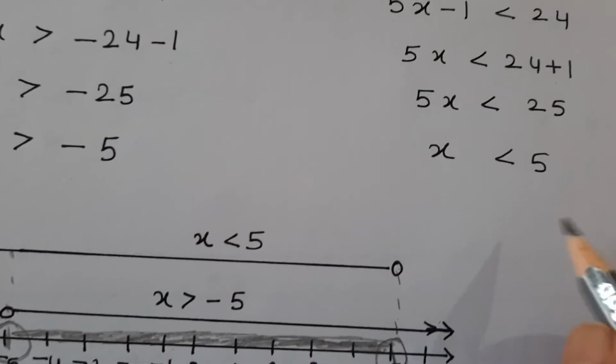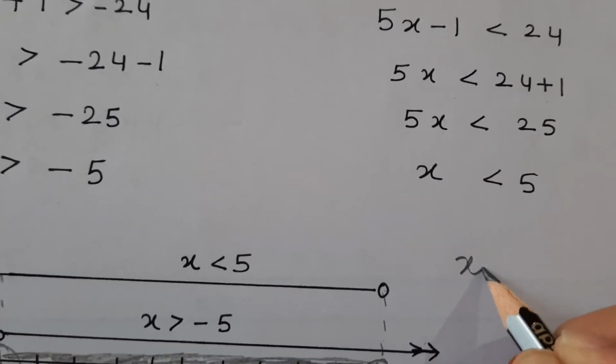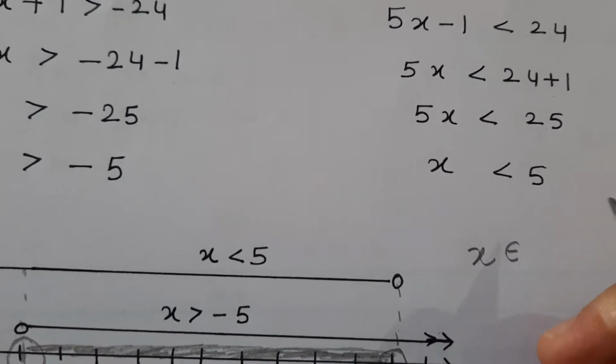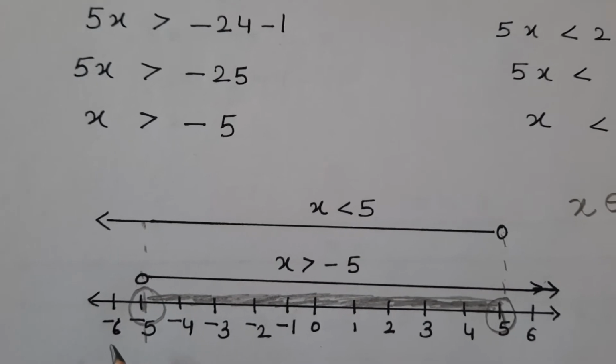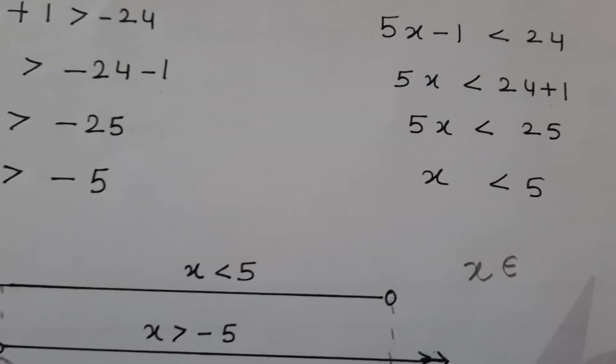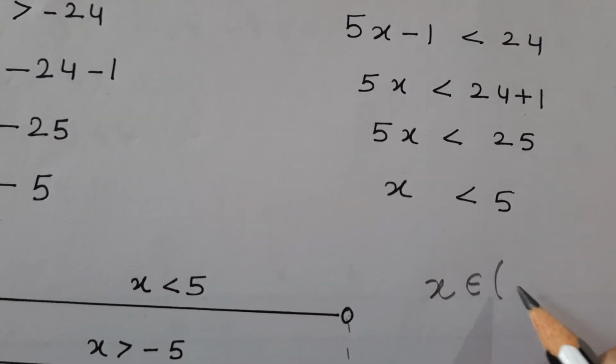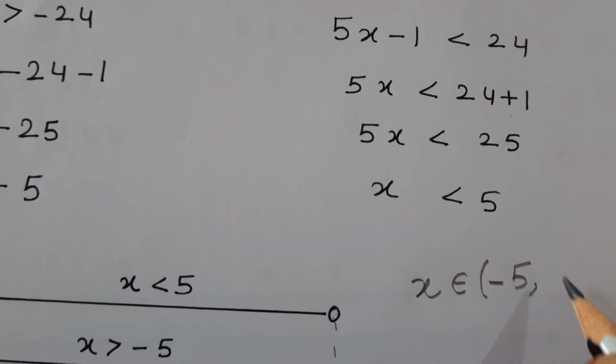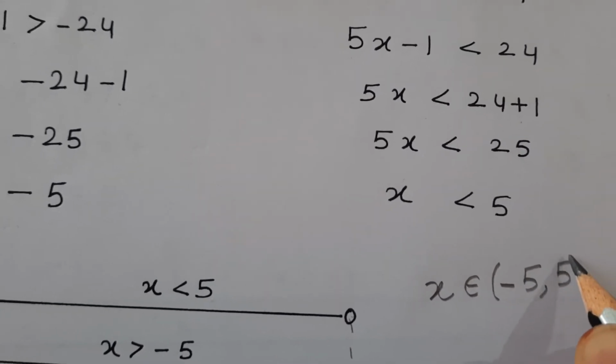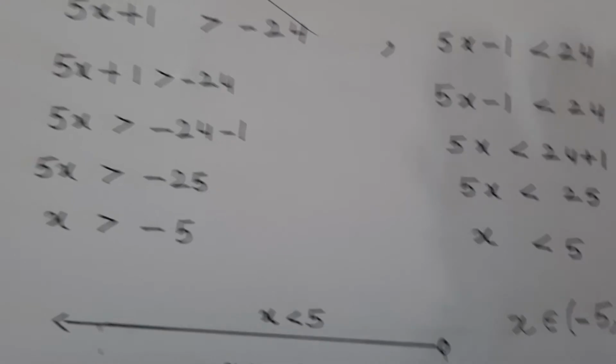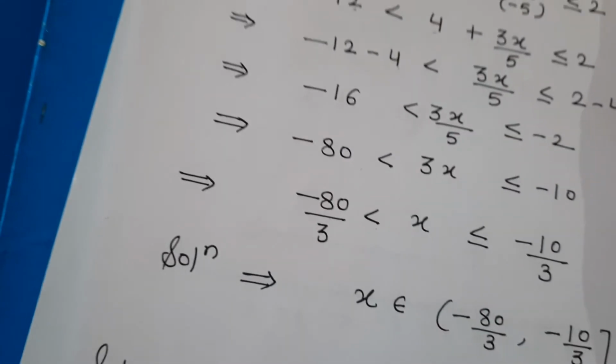Right? And your solution is, you have to write the common solution. X belongs to, look here, from minus 5 to 5 and both are not included. This is open bracket at minus 5 to open bracket at 5. Clear? Next question of the same type.